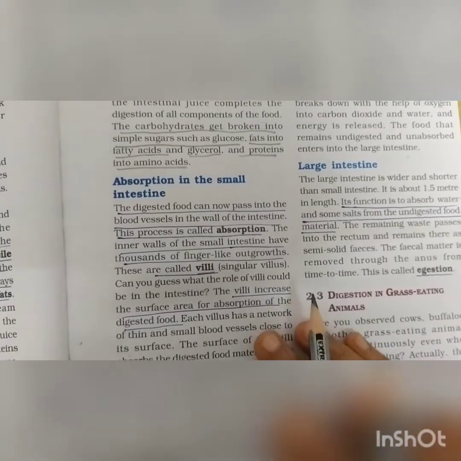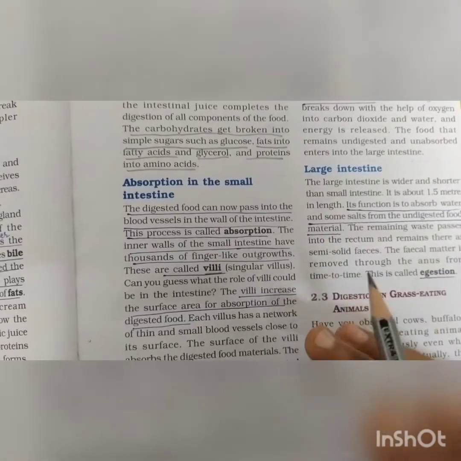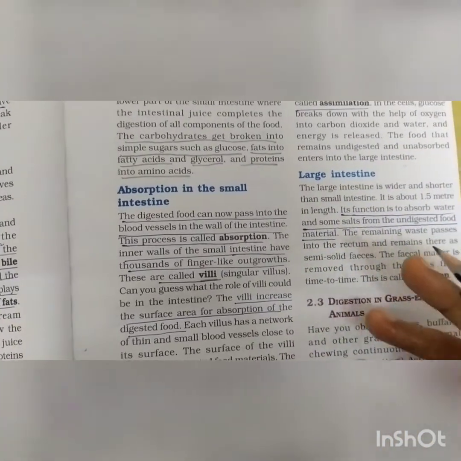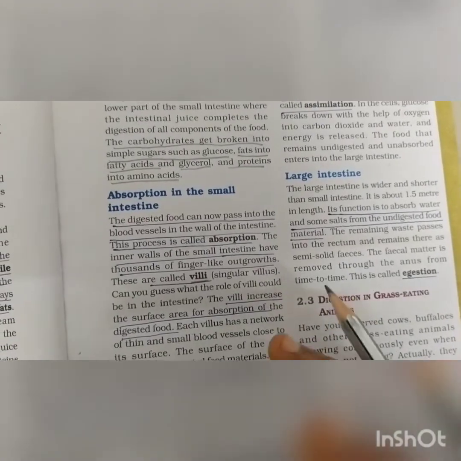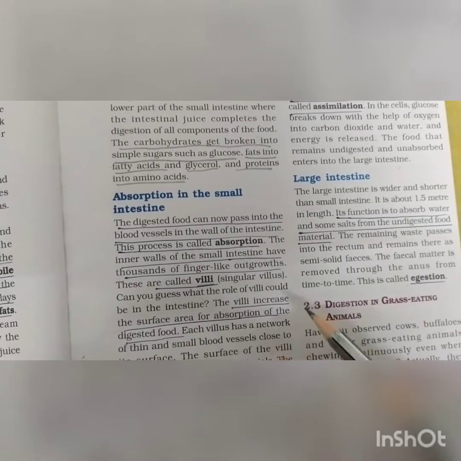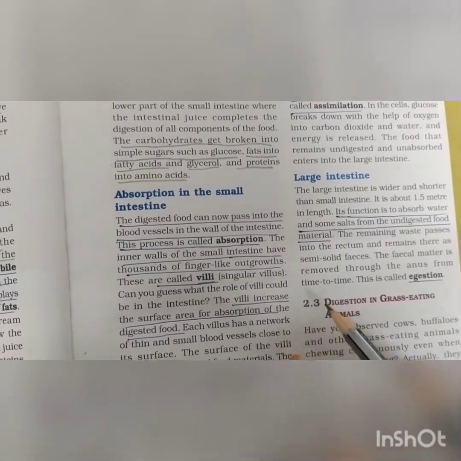The process of digestion starts from the buccal cavity and ends at the anus. It is a tube-like structure and it has many compartments: mouth and buccal cavity, esophagus, stomach, small intestine, large intestine, rectum and anus.